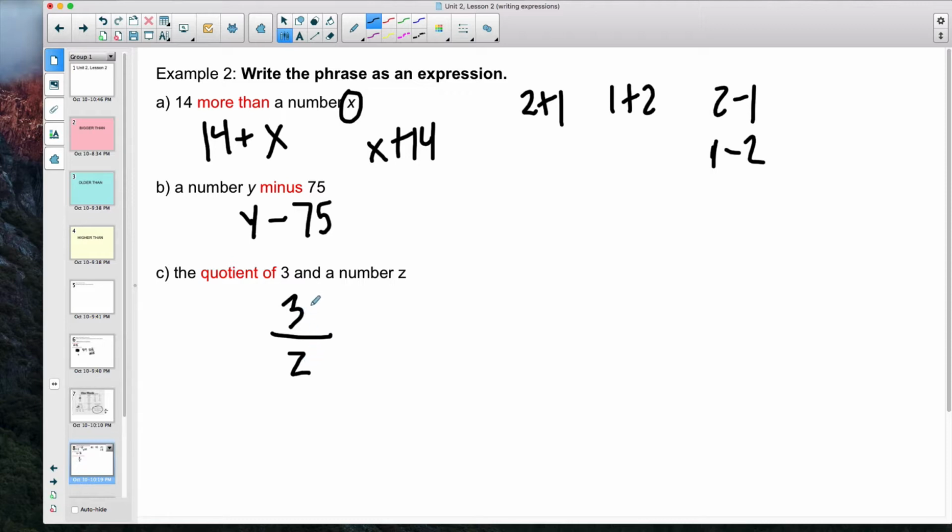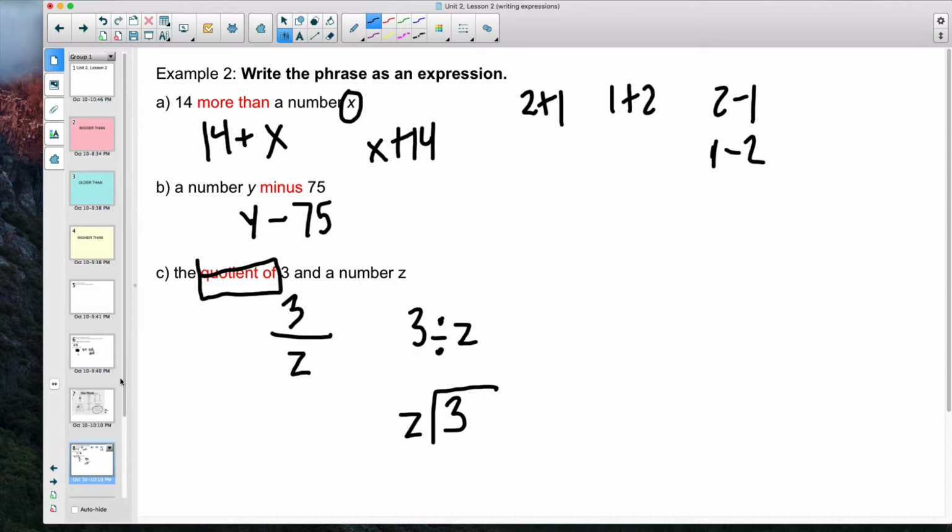So a helpful hint, the first number when you're dealing with division that's mentioned goes on the top, or if you're writing it from side to side, it comes first, divided by the second number. Okay? And just to see it another way. Okay? Quotient tells me that I'm dividing, and then just remember that helpful hint. First number, dividend, second number, divisor.